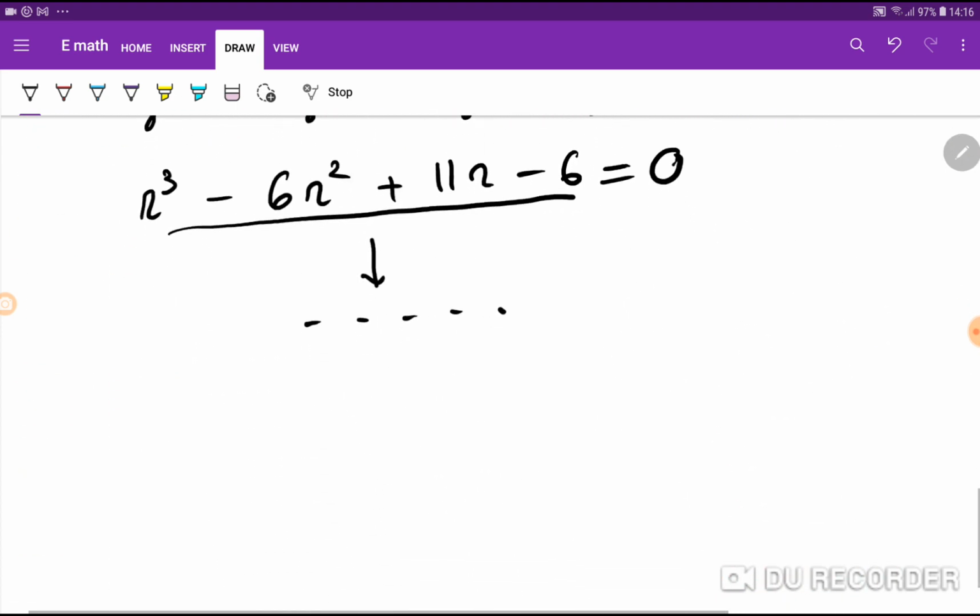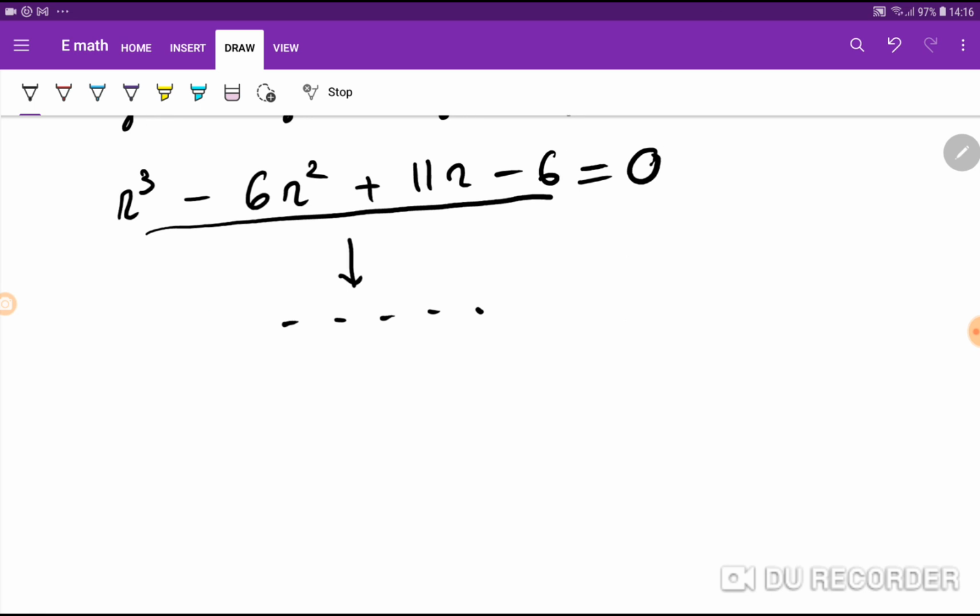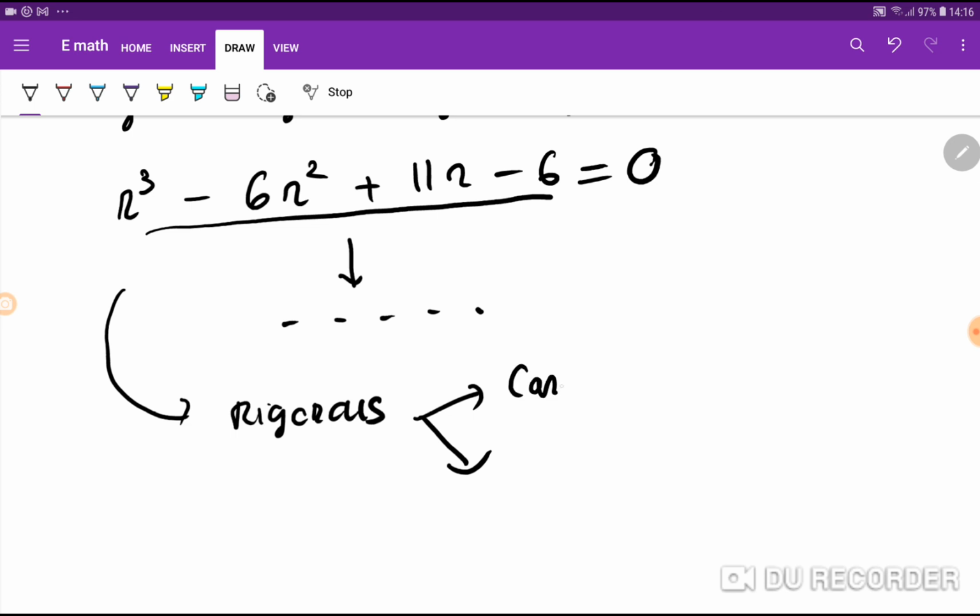Of course, you're going to tell me, Justin, I don't like synthetic division. I want to be rigorous. I want to do Cardano's method. Let me write it down so that you can look it up later.